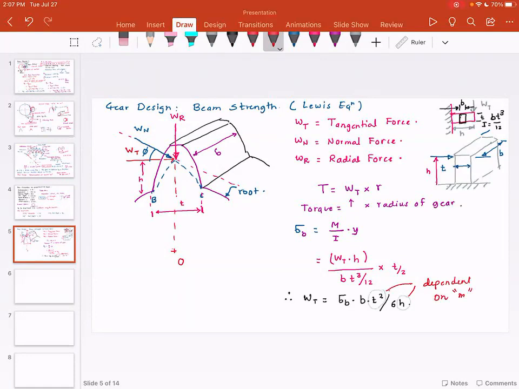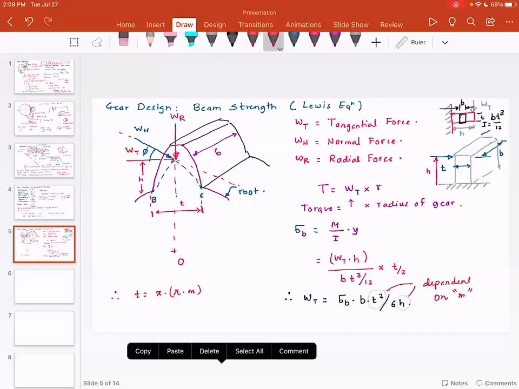So I could replace this entire equation with an expression like this. I can say T is equal to X times pi times module.